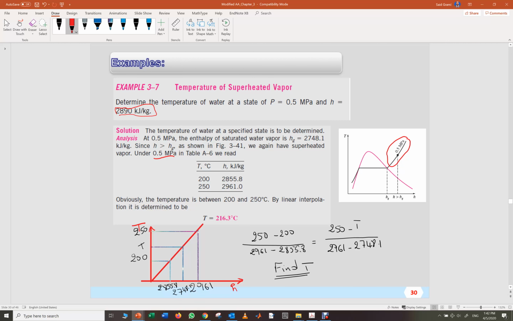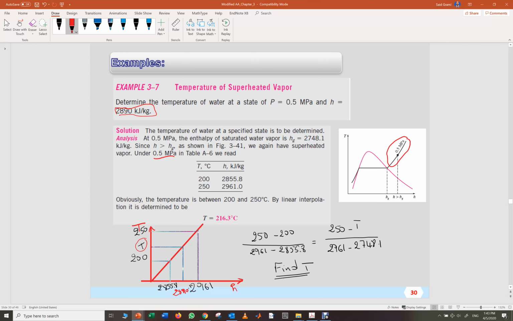I have the 250 with enthalpy 2961, and here at 200 we have 2855.8 kilojoule per kilogram, and we are looking for the temperature to get 2890. So we are looking for the temperature for 2890.